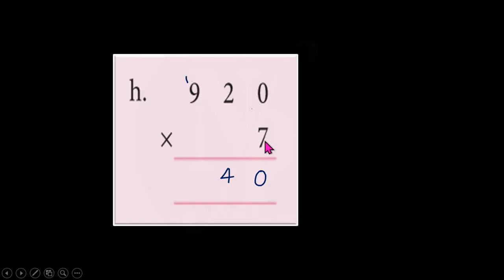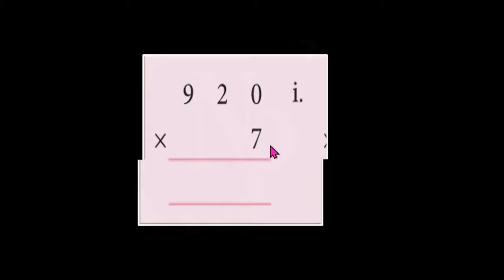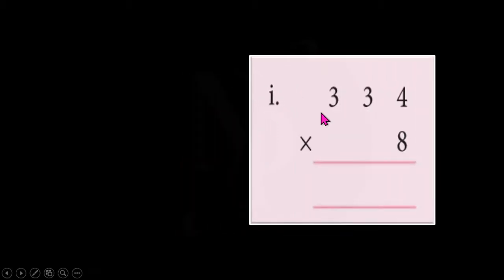Now 7 nines are 63. 63 plus 1 is 64. So 6440 is the product of 920 and 7. Next question is I.